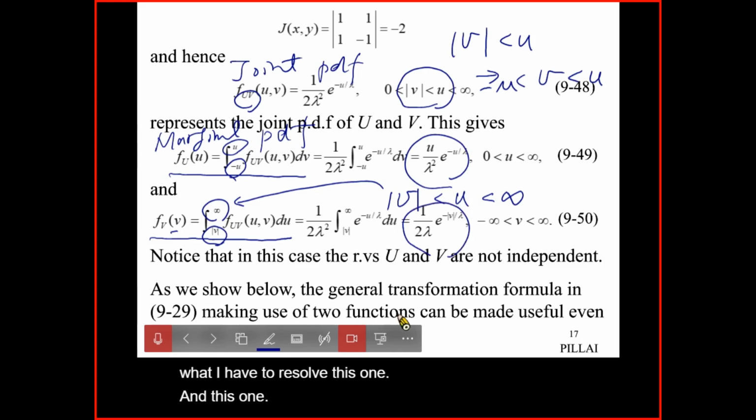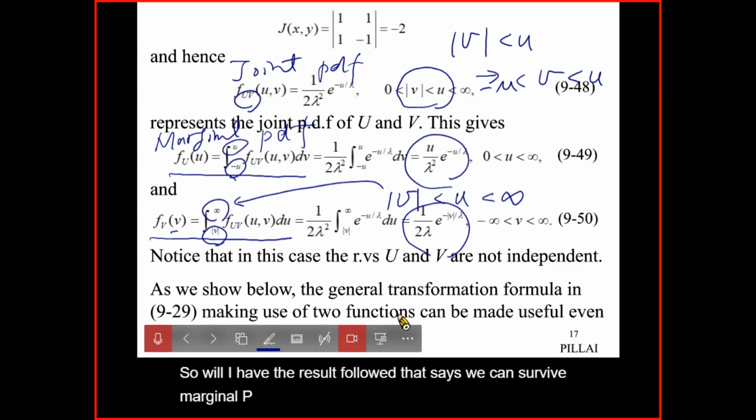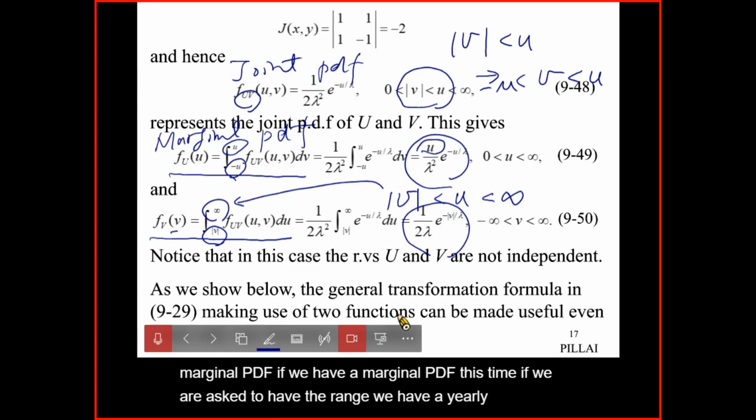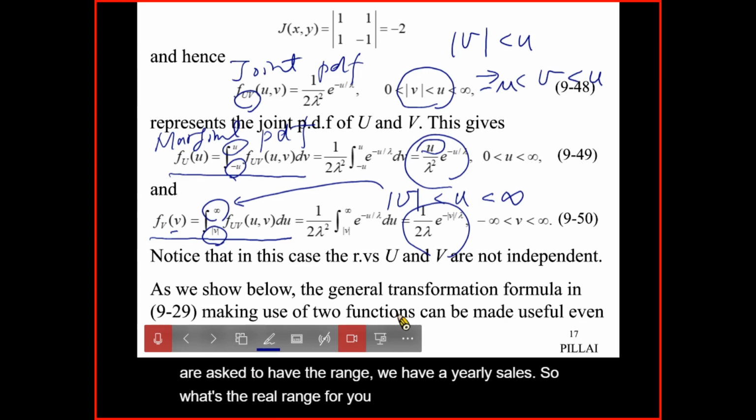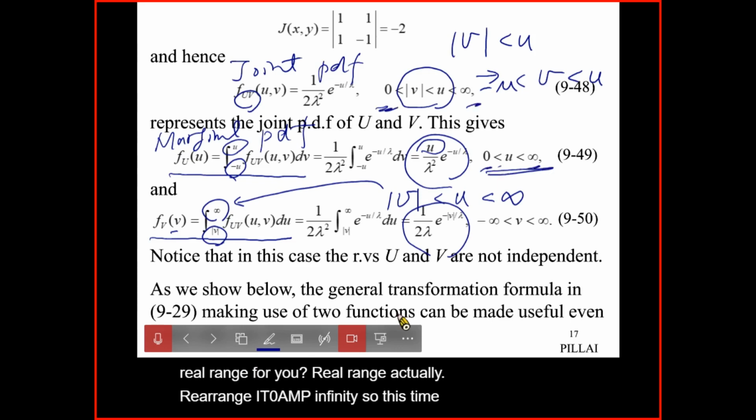That says we can derive the marginal PDF. If we have a marginal PDF, this time, if we are asked for the range of U itself, what is the real range for U? The real range is 0 to infinity.